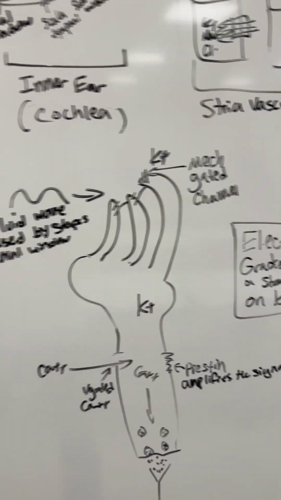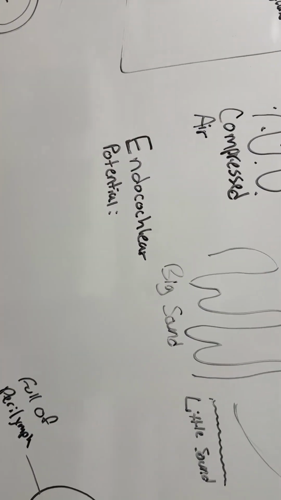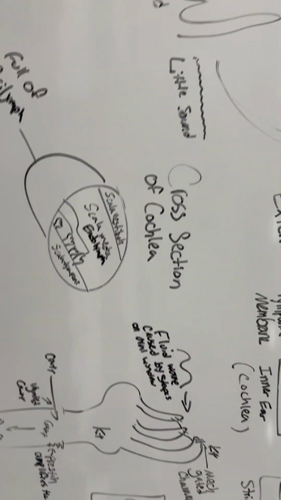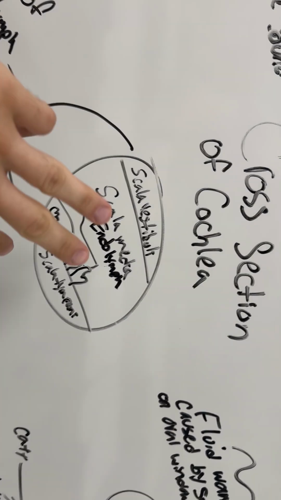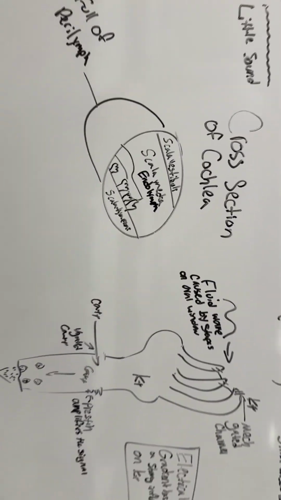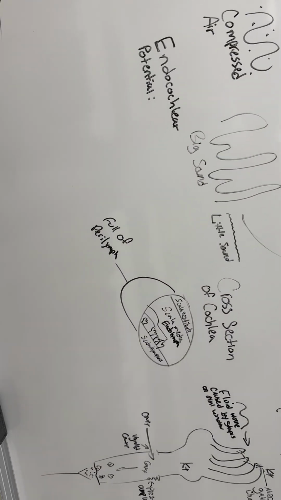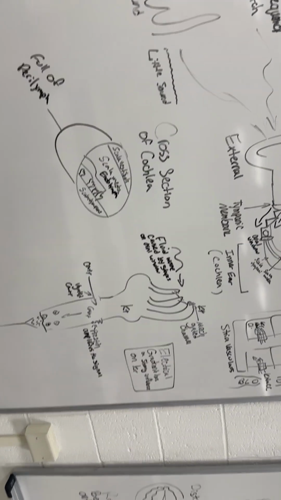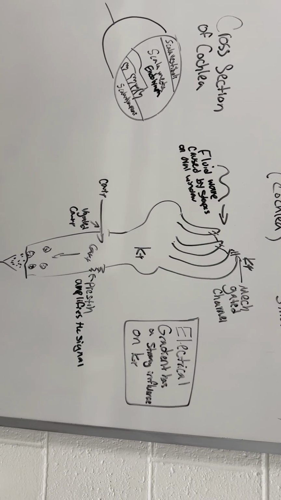So potassium rushes in because the electrical gradient has a strong influence on potassium in this case. The endolymph that these hair cells are bathed in is full of potassium. And so to explain this, we have our endocochlear potential, which is the result of the difference in charge between these three chambers, and also the cytoplasm of the hair cell and the endolymph. And so this contributes to a high driving force for potassium to enter into the cell.